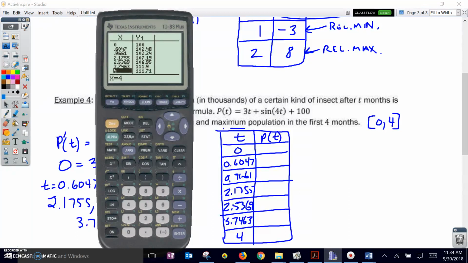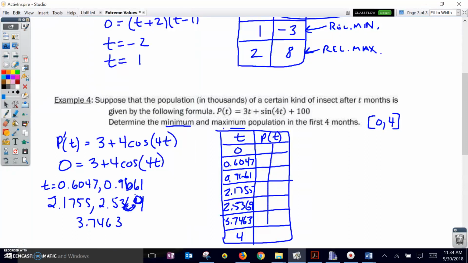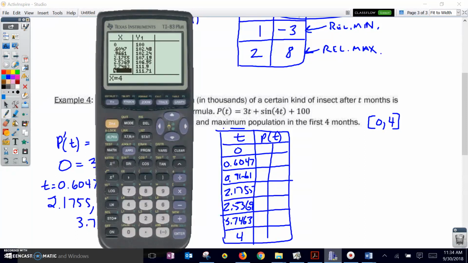Alright, so I'm not even going to fill in the table here. We can just look at it on our calculator screen. I normally would do that, but I'm just going to try and save myself a second here. And so our minimum value that we see in the table here is 100. And our maximum value is 111.9.